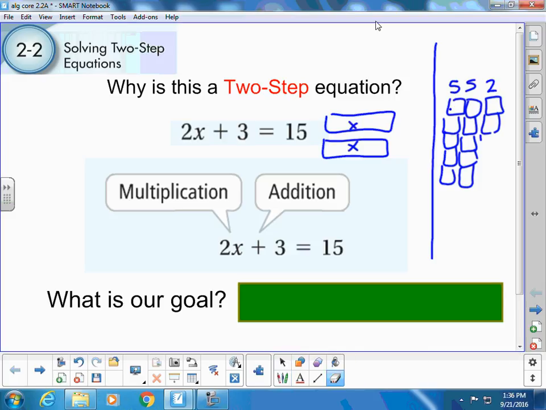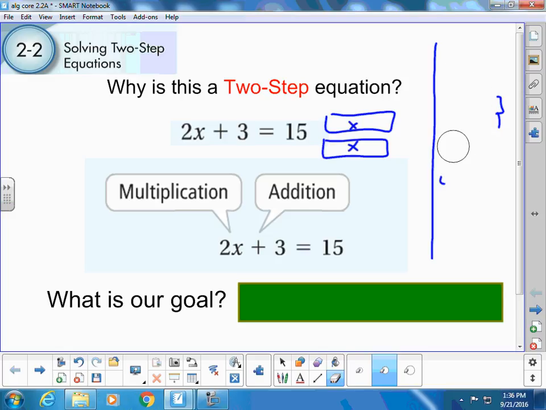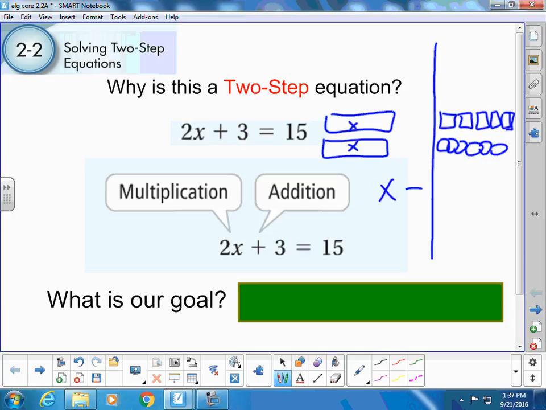I would have each x get 6. Remember we split out the candies, so there's 6 there and 6 here. So the answer would be x equals 6.